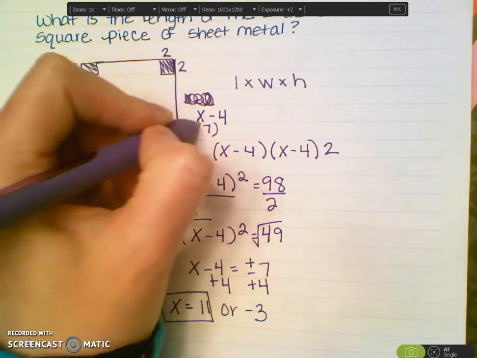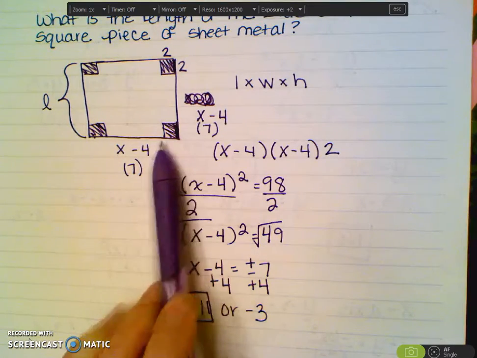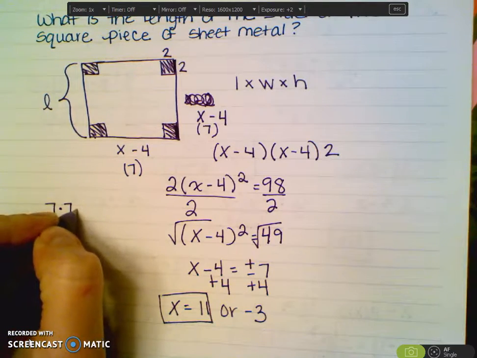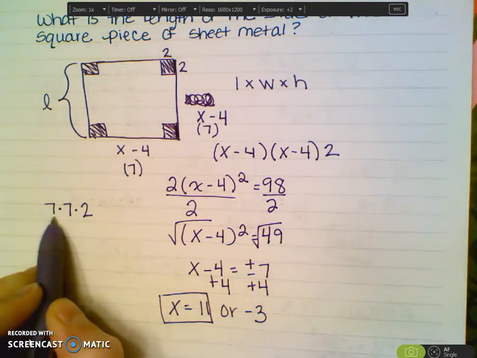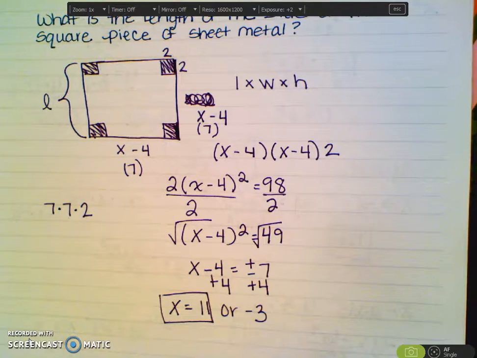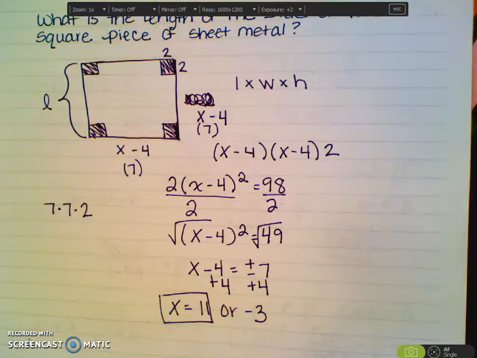This side would be 7, right? And then my height would be 2. So to double check, it would be length times width times height: 49 times 2, which we know to be 98. So yes, we are correct. Our length, or our x, the full length, is 11.